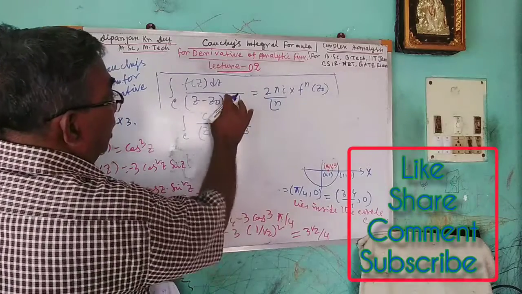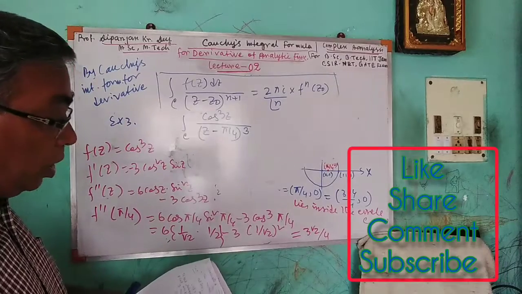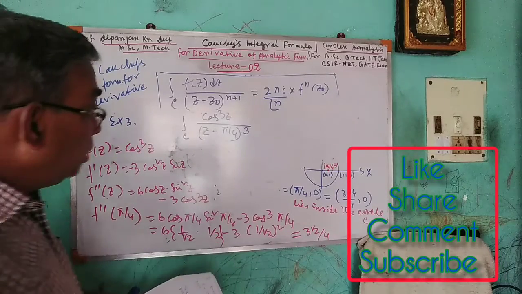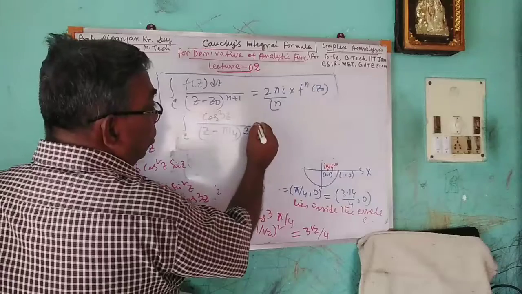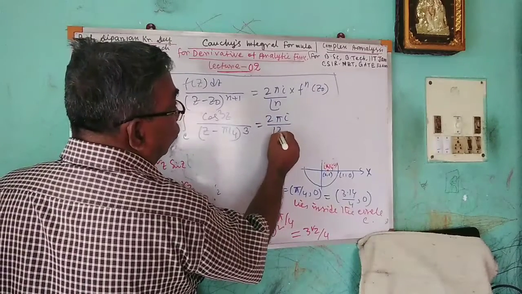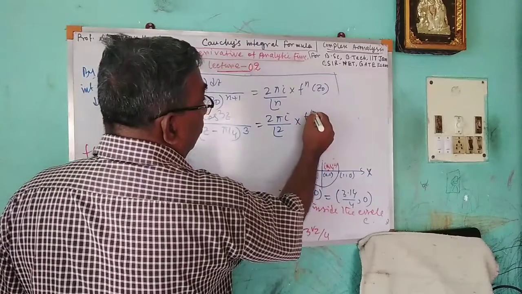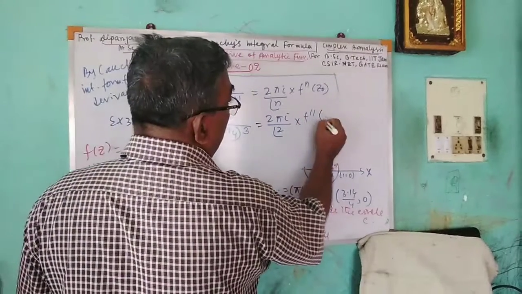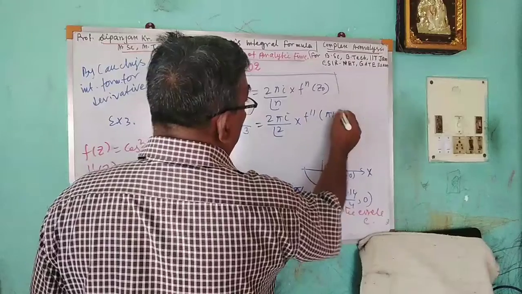Here n equal to 2 I am putting, that is 2 plus 1. That is 2 pi i by factorial 2 into f double dash pi by 4.